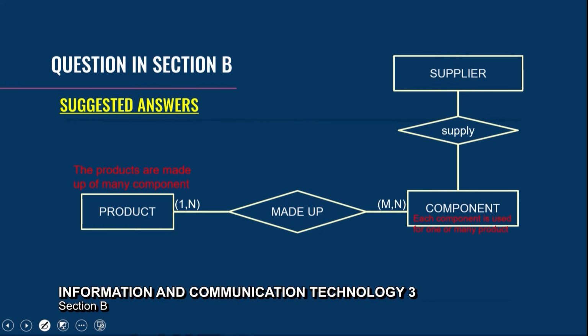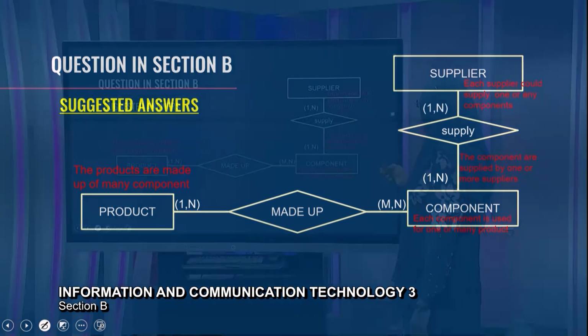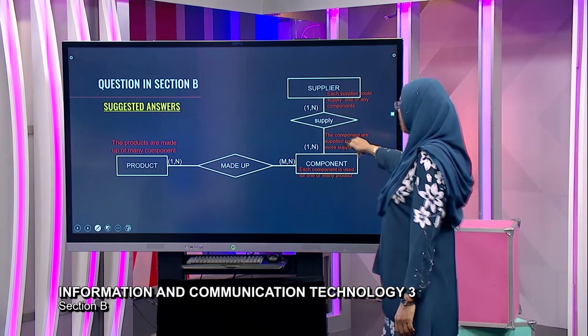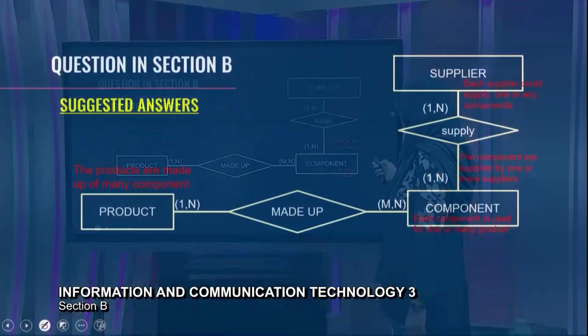So the cardinality is that one. Supplier supply component. So each supplier could supply one or any component, many. And then the component is supplied by one or more suppliers. So the cardinality will be like this.